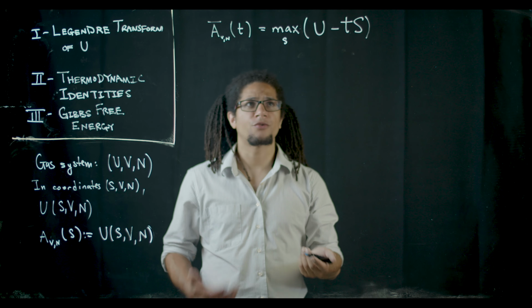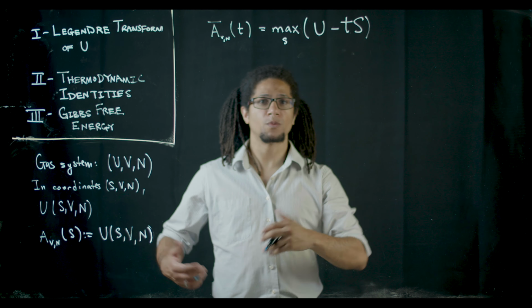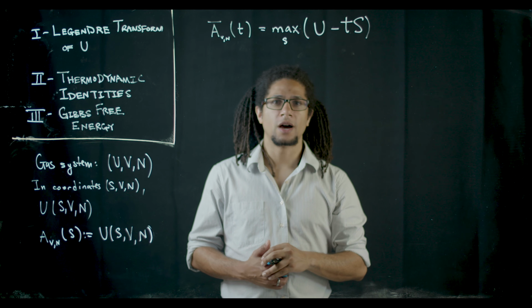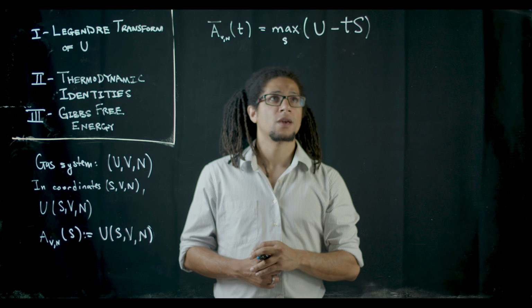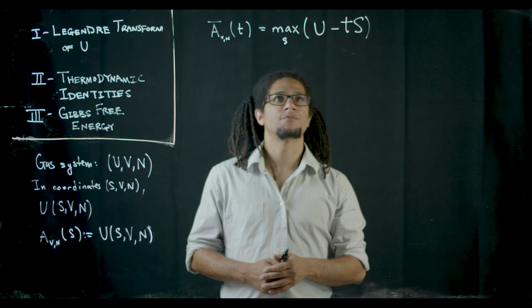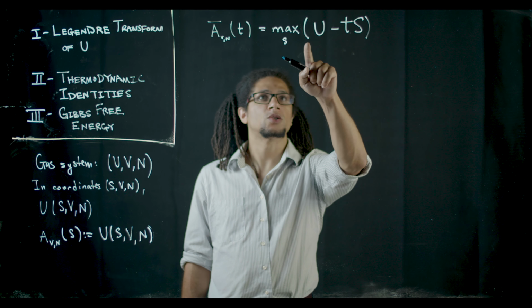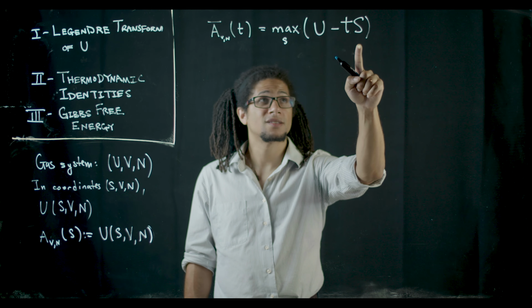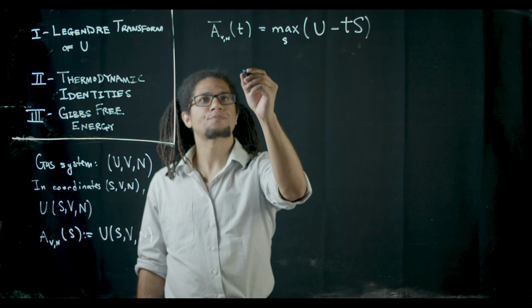Okay, how do we find a maximum like this? Well, we showed in the last video, and I'm sure you're very familiar, we usually just use calculus and take a derivative. All right, so let's take a derivative of this with respect to S and then set it equal to 0.